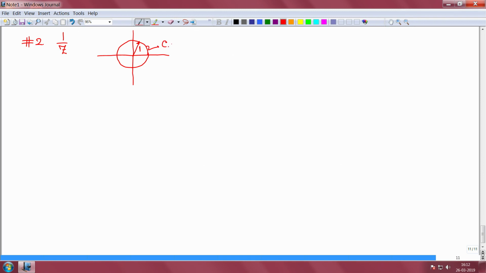For this function also, the domain is the entire complex plane except the origin. The function is ill behaved only at the origin.